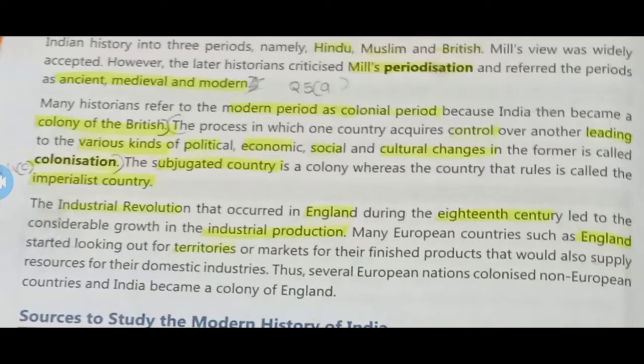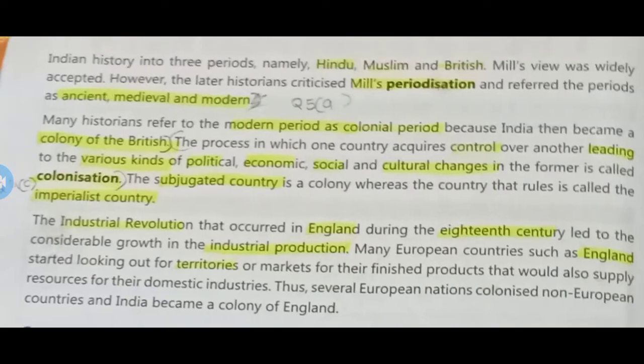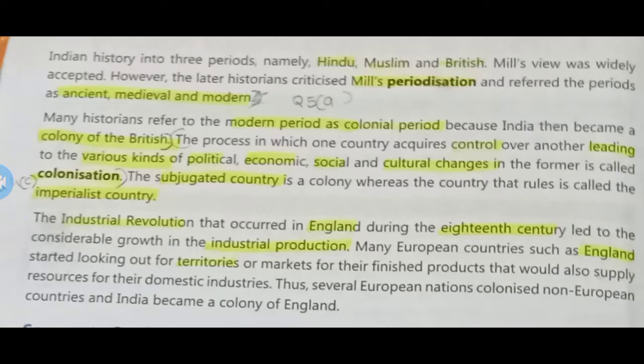So it is a process in which one country controls another country, so that country is not independent. They may be controlling it in political, economic, social, or cultural fields. That is called colonization.